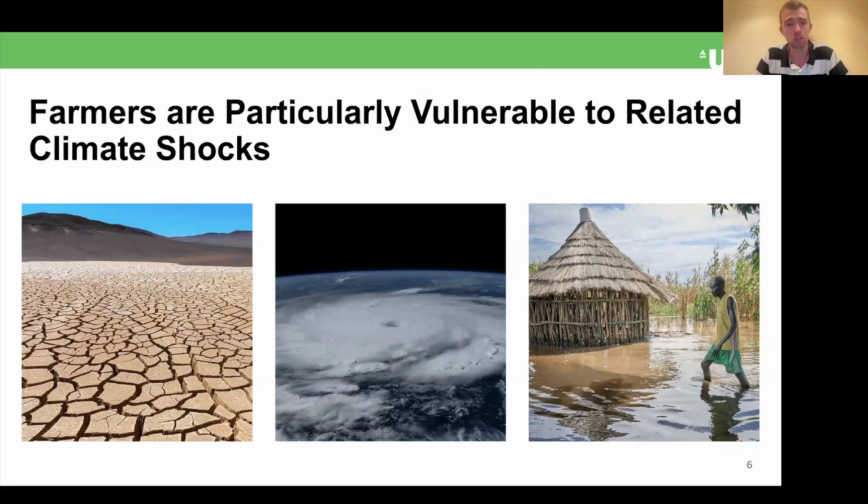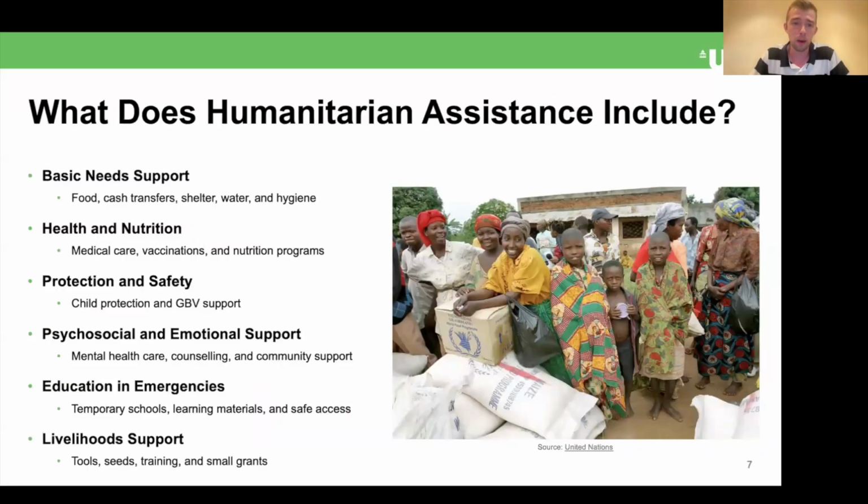Think about droughts, extreme weather events, cyclones, which are a very common phenomenon in Mozambique, and flooding. All of these have a significant impact on the ability of farmers to provide for their families and their livelihoods. So they're very vulnerable in this context.